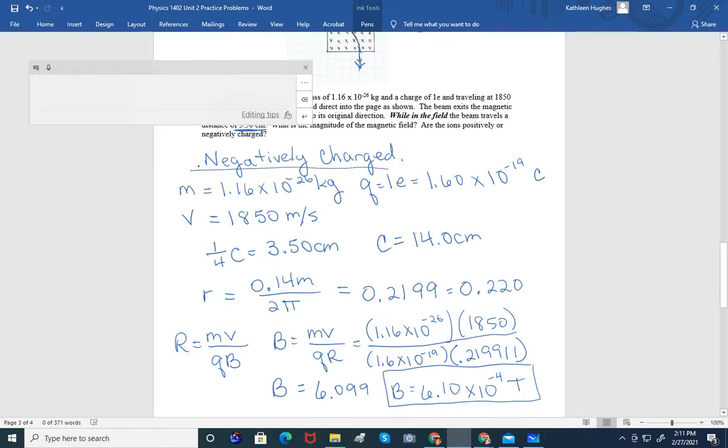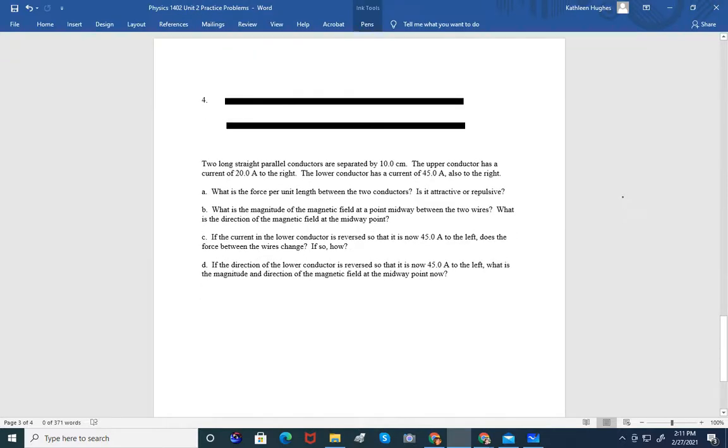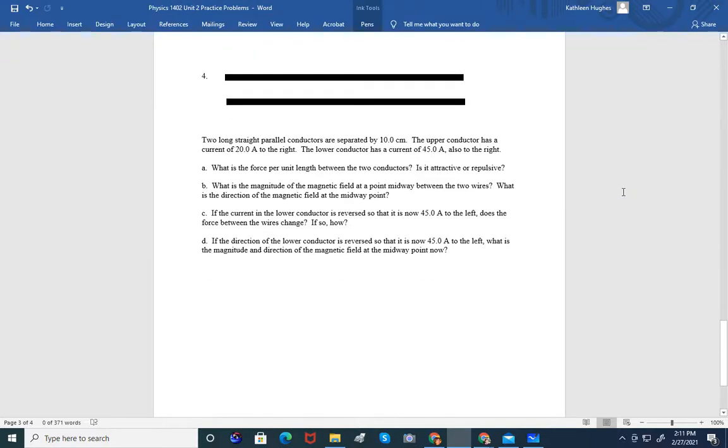All right, we've got one more problem. Two long, straight, parallel conductors are separated by 10 centimeters. The upper conductor has a current of 20 amps to the right, so let's draw that because I think that will help us. 20 amps to the right.